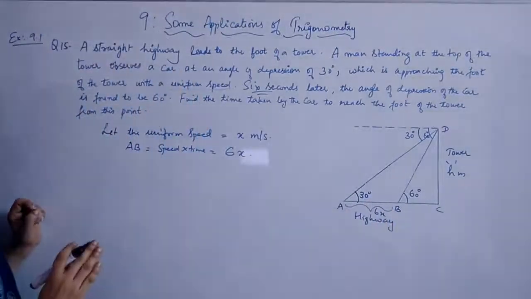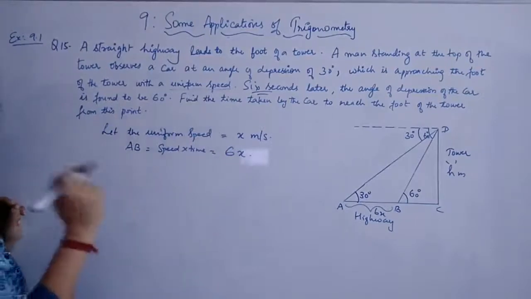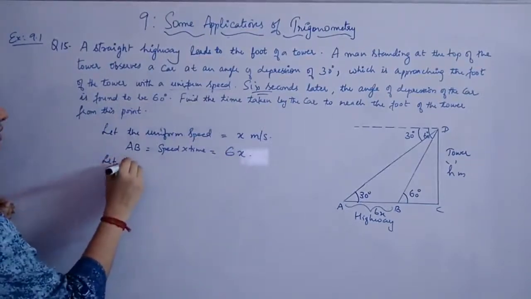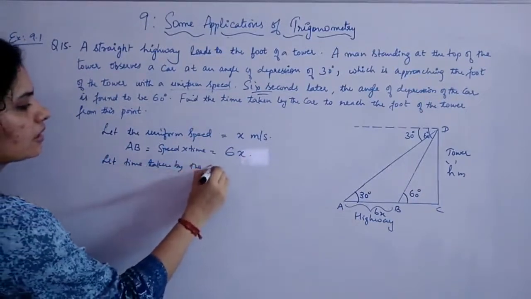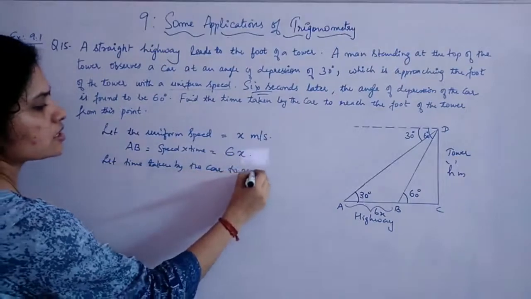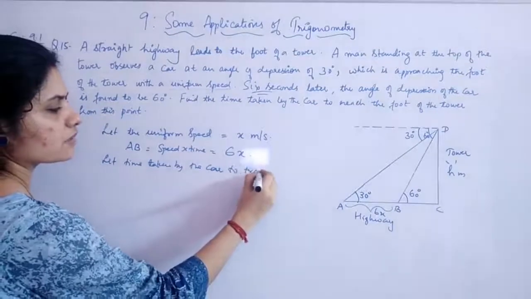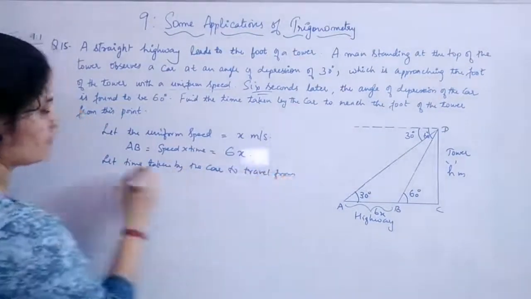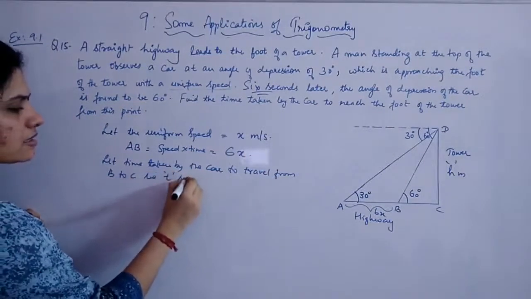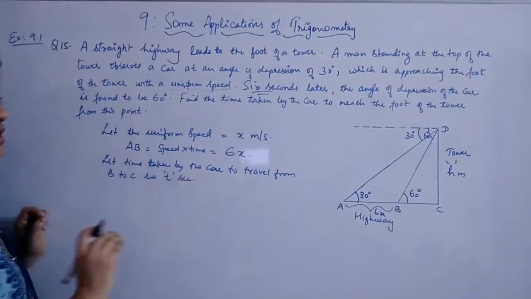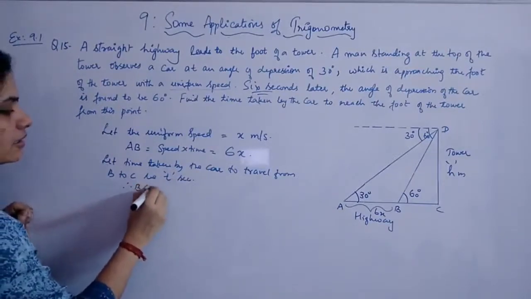Now let the time taken by the car to travel from B to C be t seconds. If this is t seconds, what will be the distance traveled, that is, what will BC be?